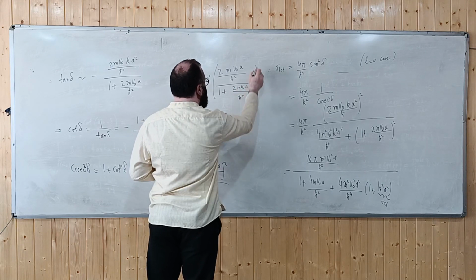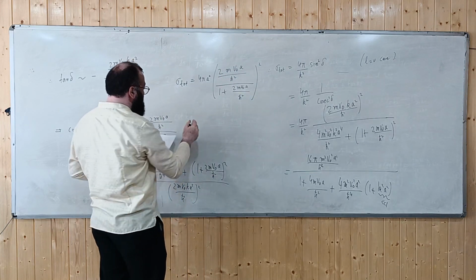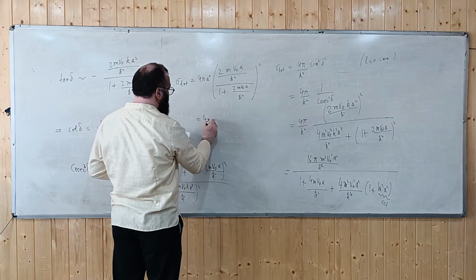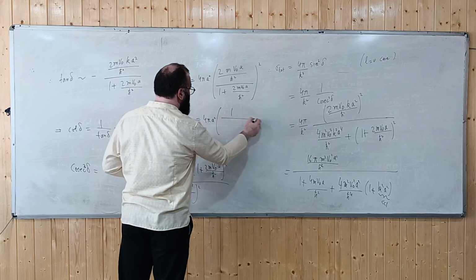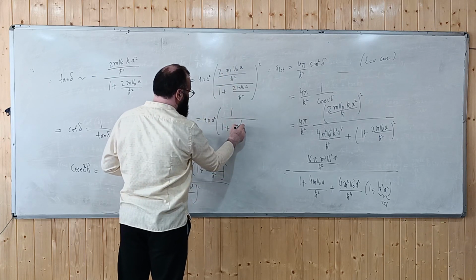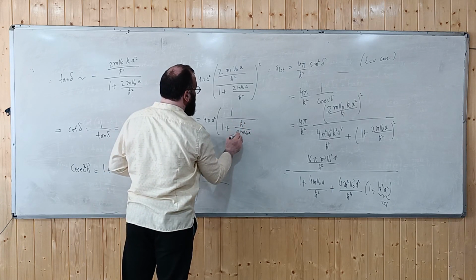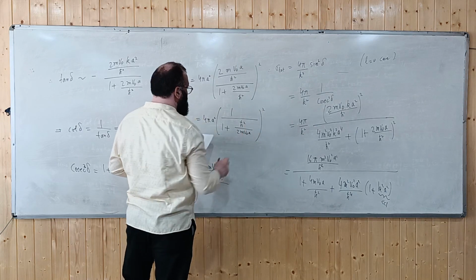It is like this, 4 square. So this term and this term. If you see, it is something like 4 pi a square into 1 divided by 1 plus, so if you divide, it will be h cross square divided by twice m v naught a whole square. Clear?